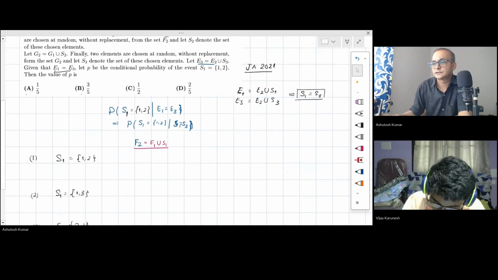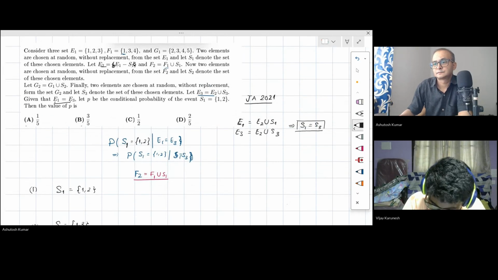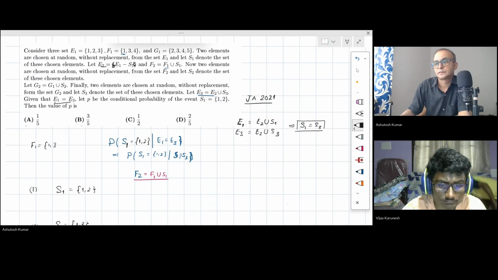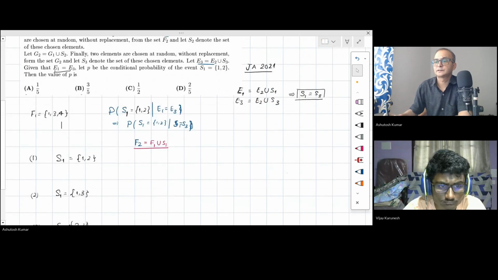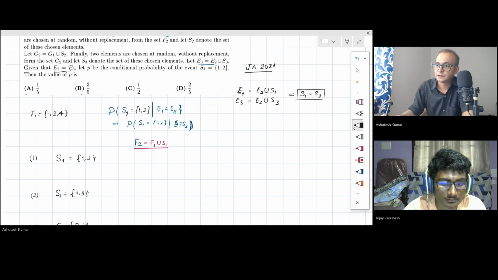By the way, F1 is 1, 3, 4. Let me write it here. When I scroll up, it's not visible. Okay, so tell me, what is this? It will be 1, 2, 3, 4. In the first case, 1, 2, 3, 4.